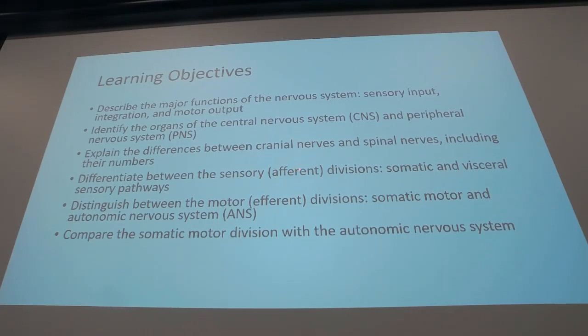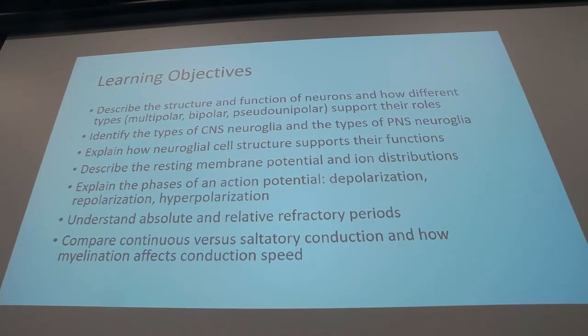We're going to differentiate what is the difference between afferent division, efferent division, and their subclassification. And we're going to compare the functional branches of the nervous system, which are somatic and autonomic.